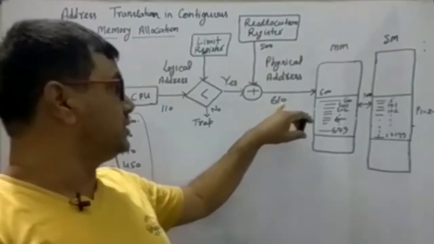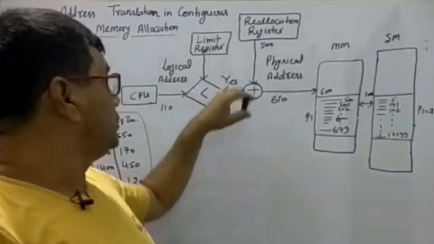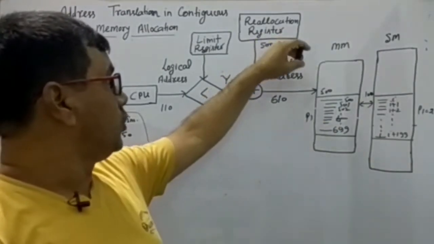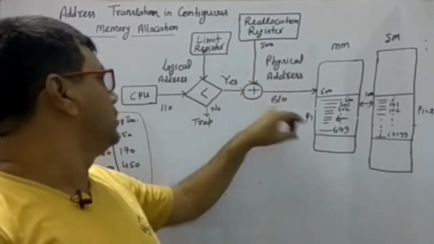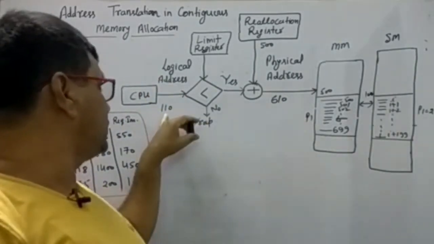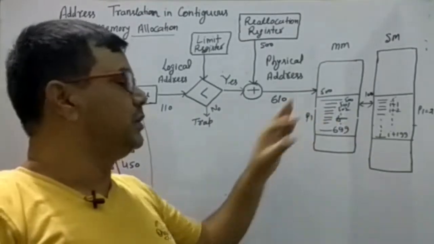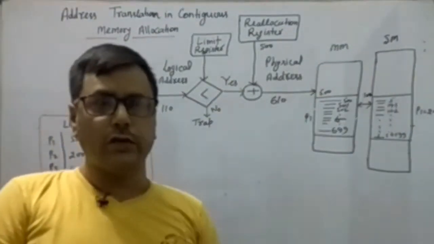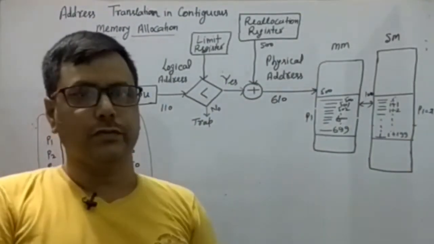The physical address is 610, whereas the logical address is 110. Here the relocation register address is added to the instruction address, and we find the actual location in the main memory. Well, this is the process of finding any instruction in the main memory.